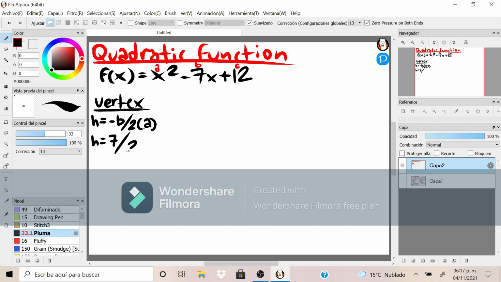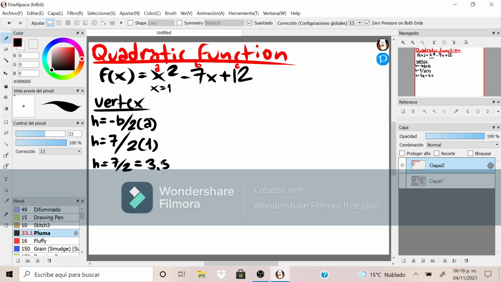We're going to divide it by 2 times a, and a is 1. Which gives us h equals 7 divided by 2, which gives us 3.5.